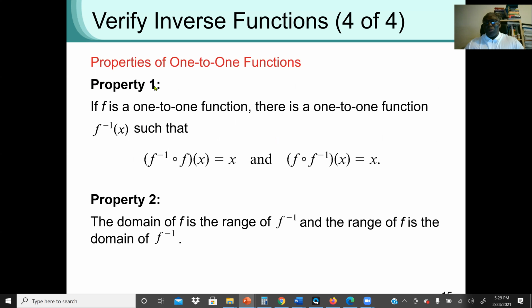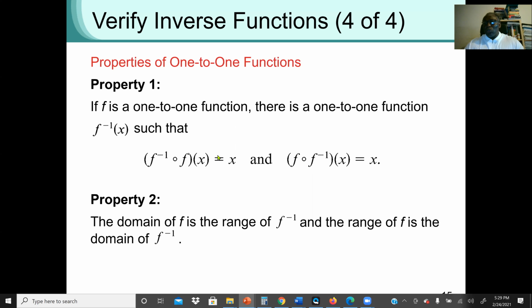So this is our first property. We say that if a function f is a one-to-one function, then there's a one-to-one function, the inverse of the function f, such that the inverse of f composite f at x will give me x. And also f composite the inverse of function f at x also will give me x.